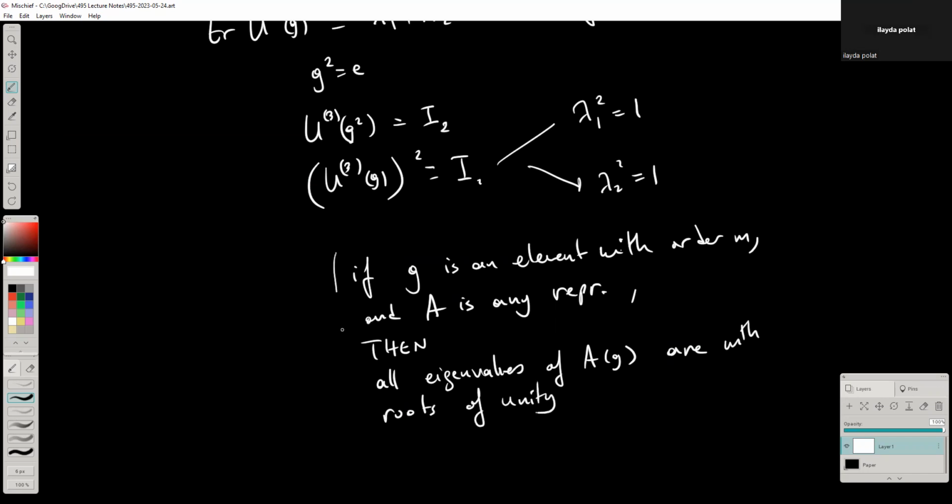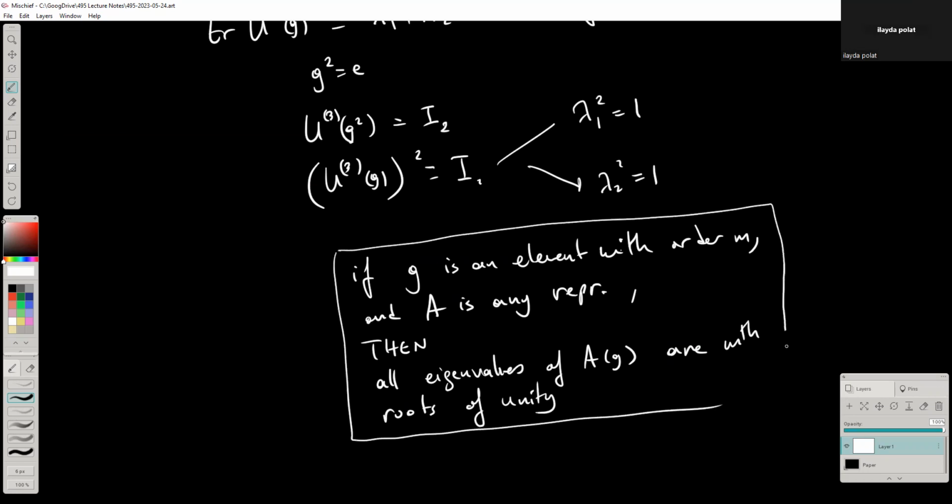So if we have a bigger matrix, not a 1 by 1 matrix, we say that the eigenvalues are roots of unity. If the representation is one-dimensional, then this is a number, and that number is an Mth root of unity. So let me write this in an unambiguous way. So that's the M, right?